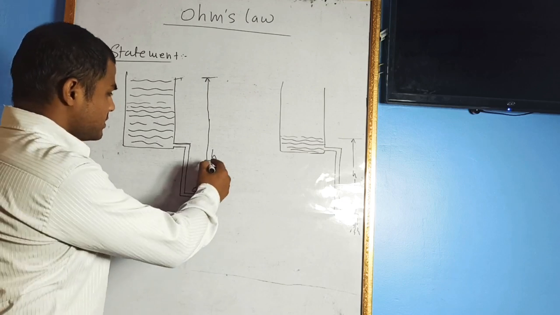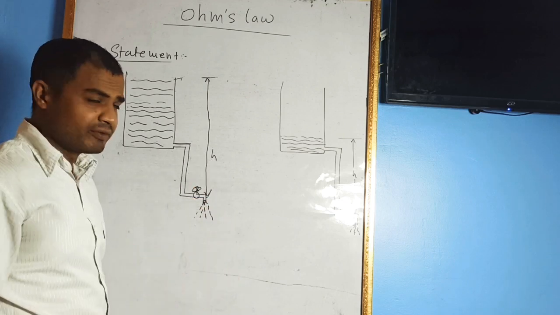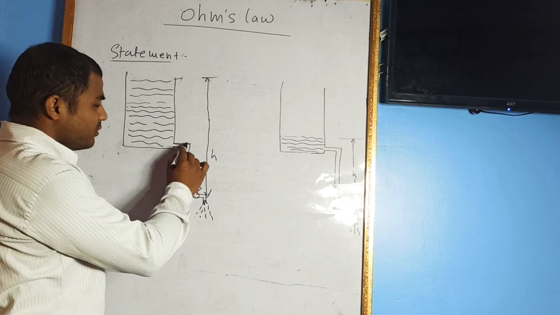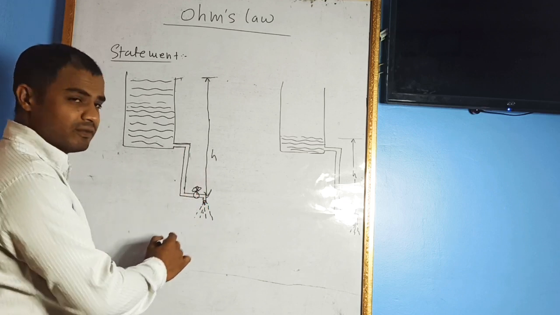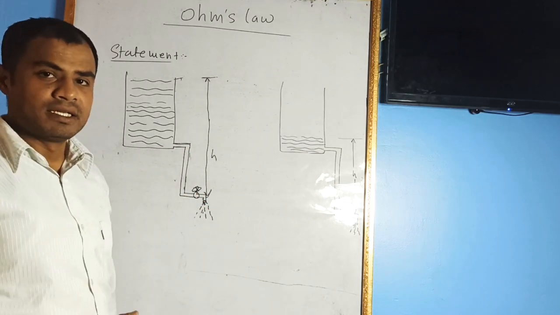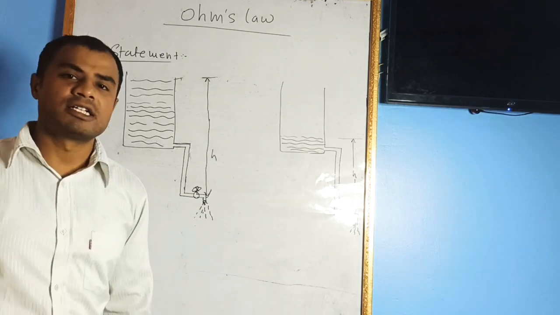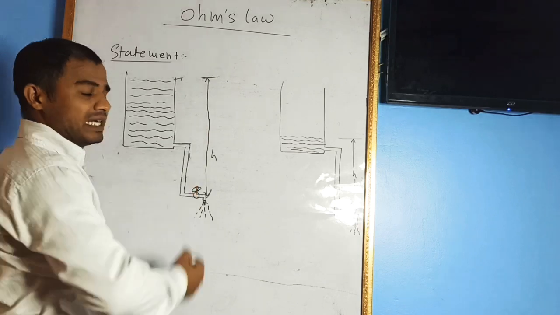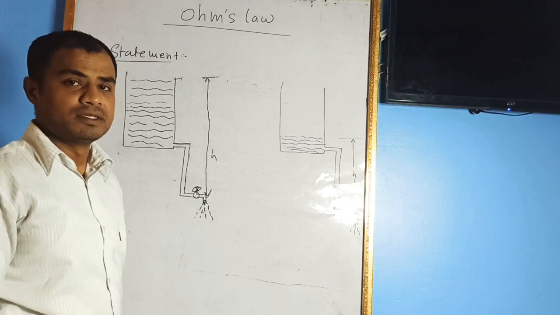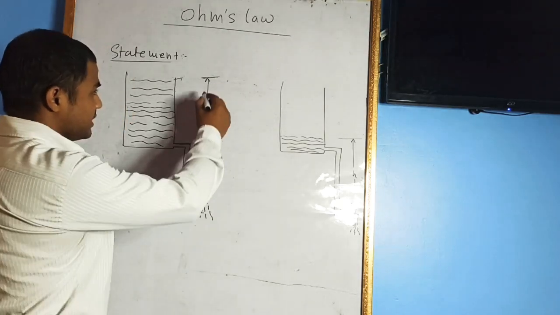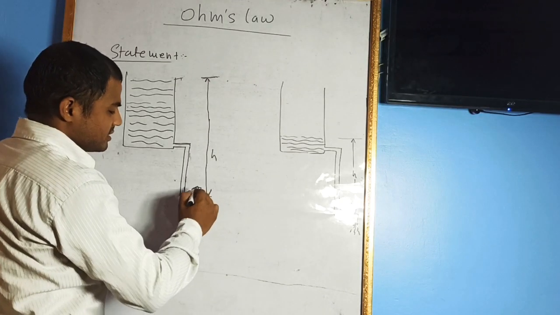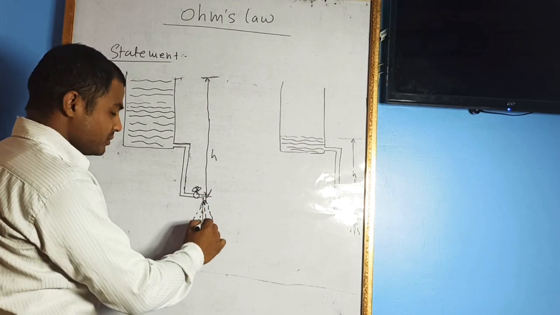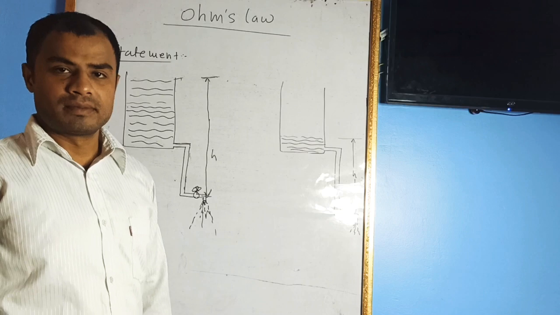In this case, the pressure of the flow of water will be high due to the high head of fluid. So head is much greater in this case, so pressure will also be much more.